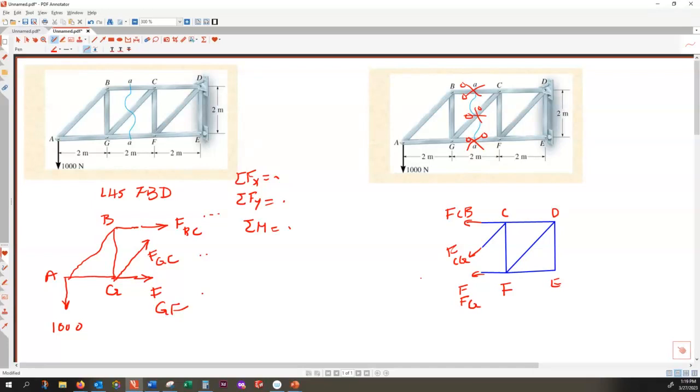So how many, oh, sorry, I forgot to include the reaction forces, because that involves also releasing that from the universe. So here, D is a support, it has Dx, Dy, and also this is a roller support that has Ex.